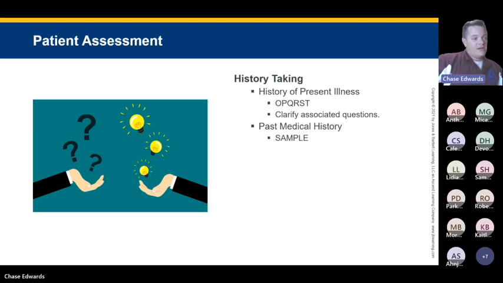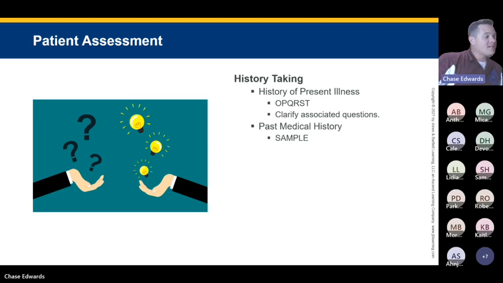S is what? Severity. Awesome. T is what? Time. All right. So we got onset, provocation, quality, radiation, severity, and time.